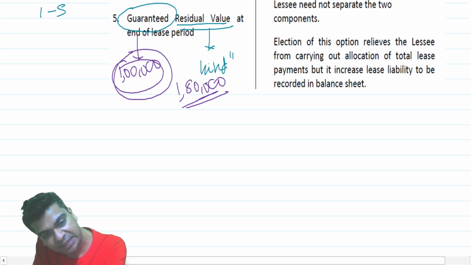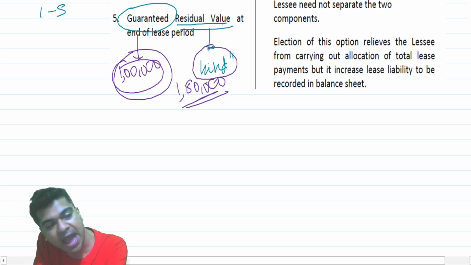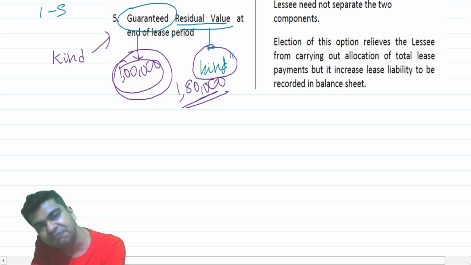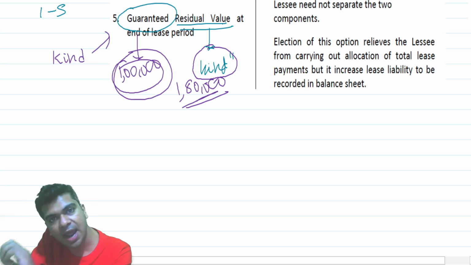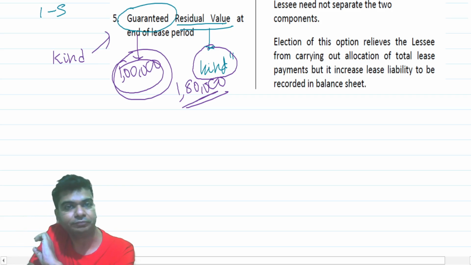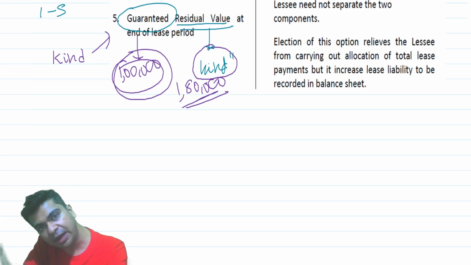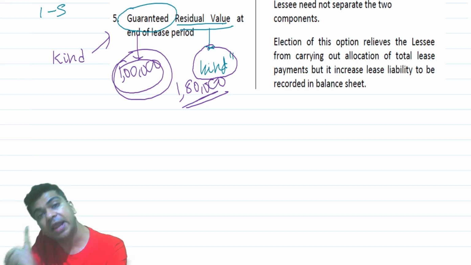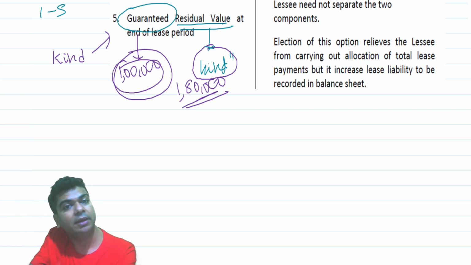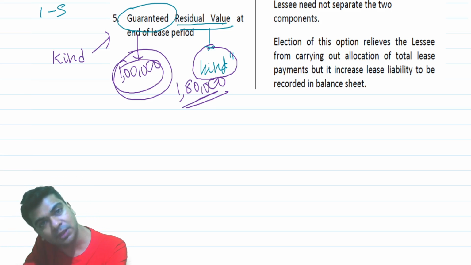The value of the asset which I returned back in kind is sufficient enough to cover the guaranteed residual value. So when you say guaranteed residual value of 1 lakh, understand this. It does not mean I have to pay 1 lakh rupees in cash.